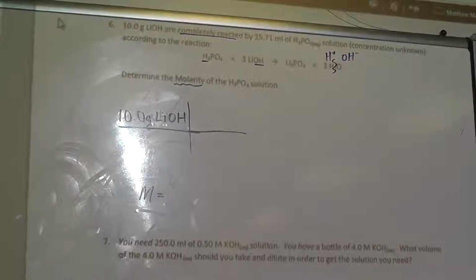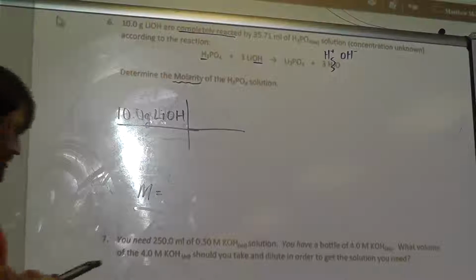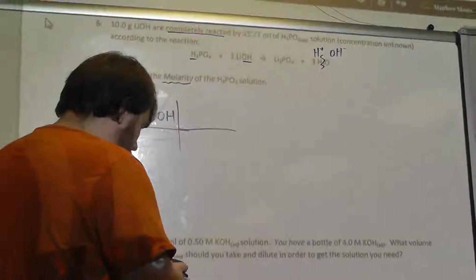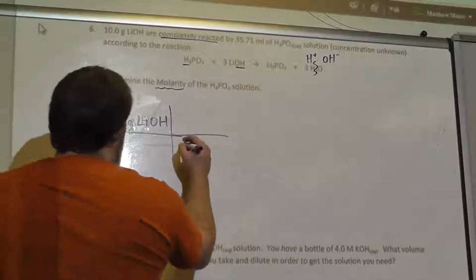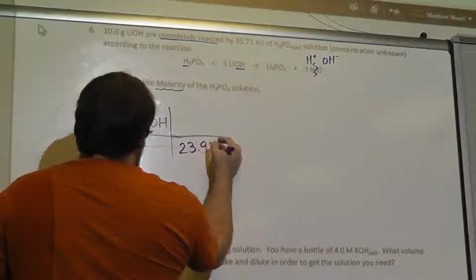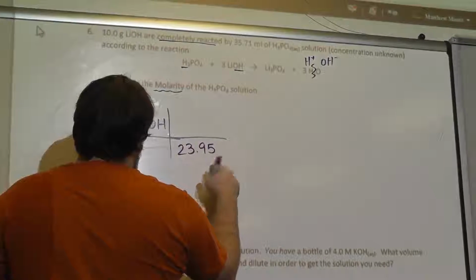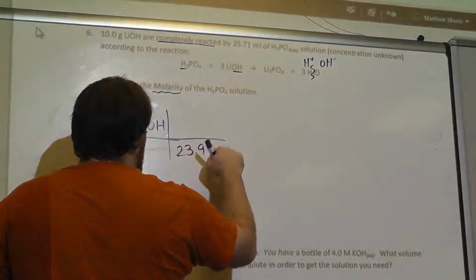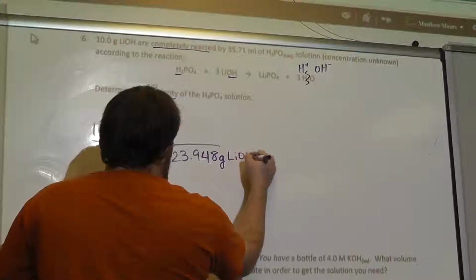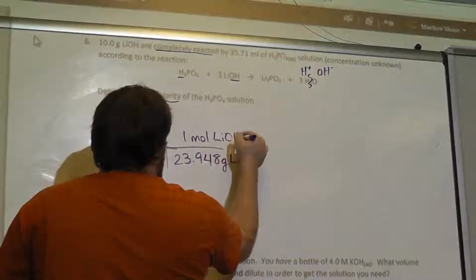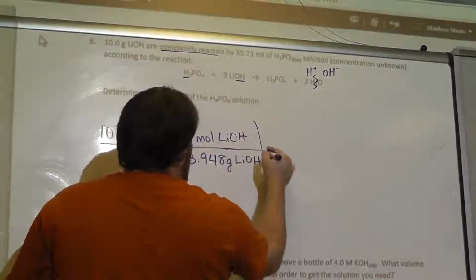So you're going to do your molar mass here for your lithium hydroxide. Really quick. It's 23.95. Can you go a little bit further? 0.948. And that's going to get us into moles of our lithium hydroxide here. Okay.